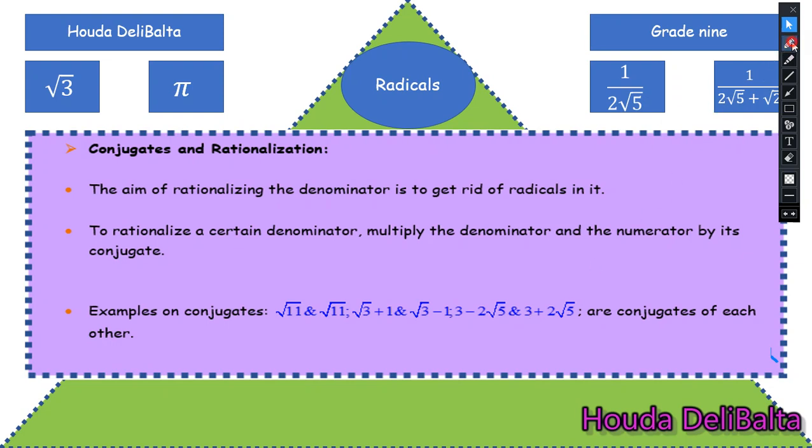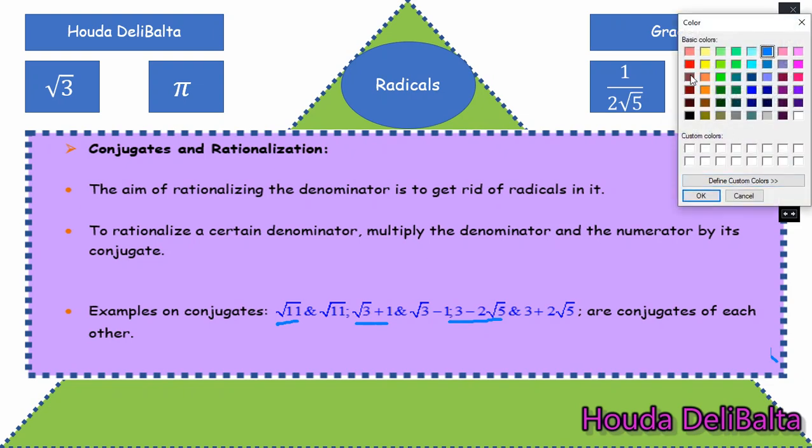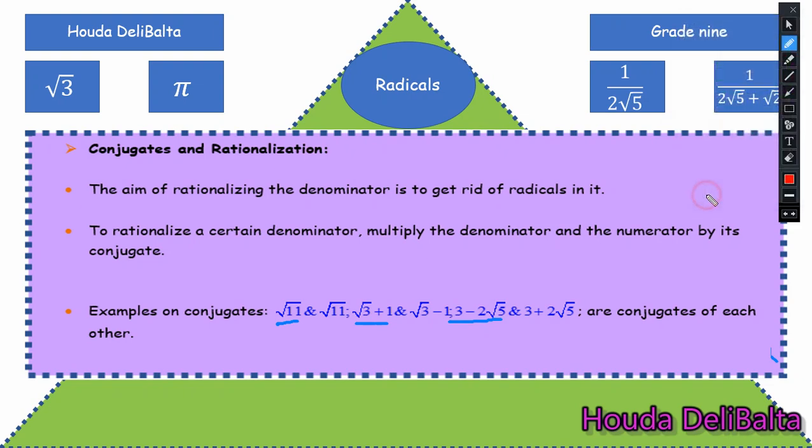So to sum up, this is an irrational number, this is an irrational number, and this is an irrational number. The conjugates are the numbers that I'm choosing to multiply with these irrationals to get rationals. So the radical itself has its conjugate itself. So radical 11, its conjugate is radical 11.